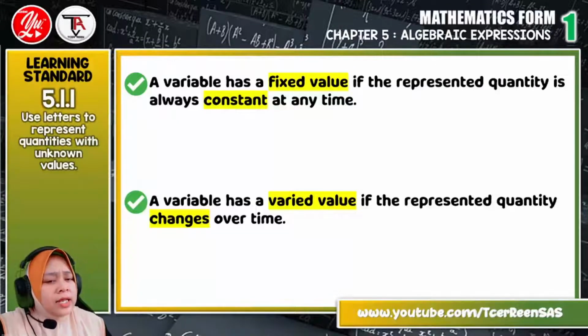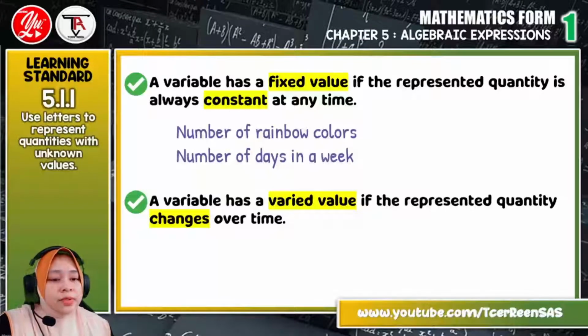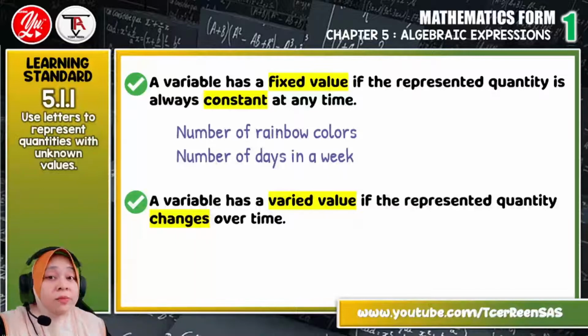Okay, let me share with you some examples of fixed and varied value according to our daily life. For example, fixed value: number of rainbow colors, it is always 7, right? So, number of rainbow colors is a fixed value, and also the number of days in a week. We have 7 days in a week forever, so that is a fixed value.